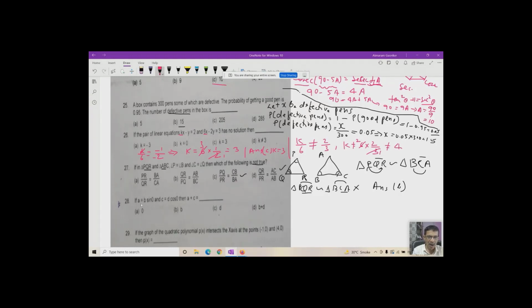Then question number 28. In 28, given is that A is equal to B sine 0, and B, I will write A is equal to B and sine 0 is 0.